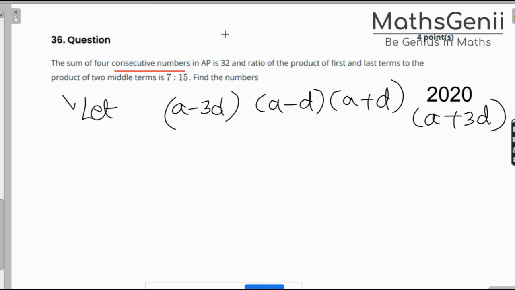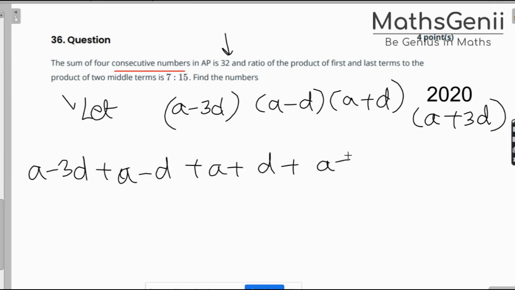Sum of all four is 32. So the sum of all these four is 32, is what he's saying in the question. Now let's add them up.